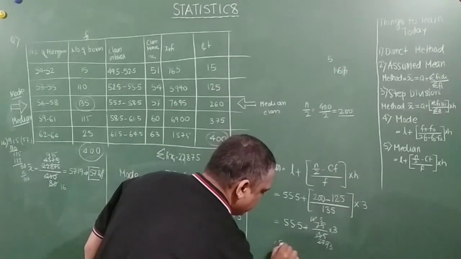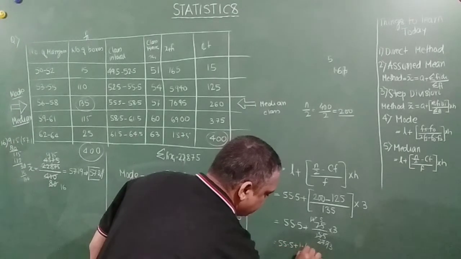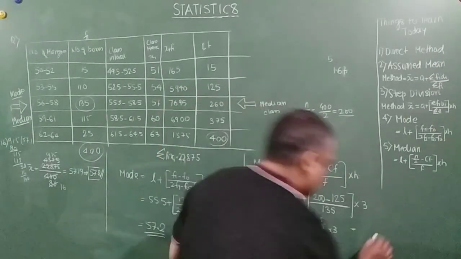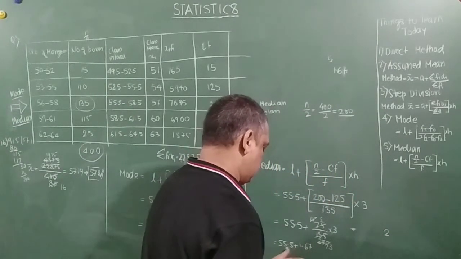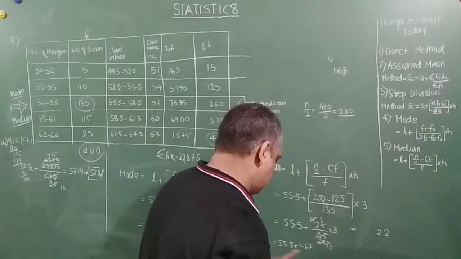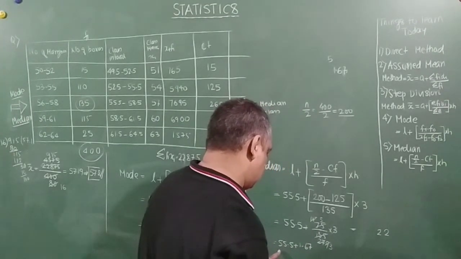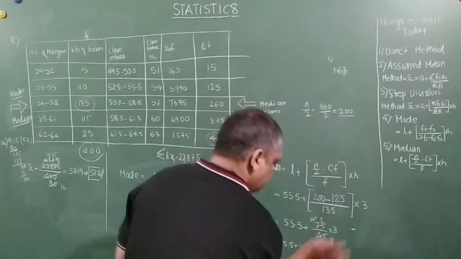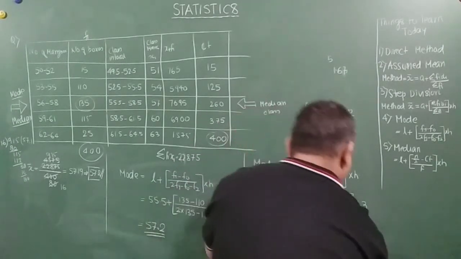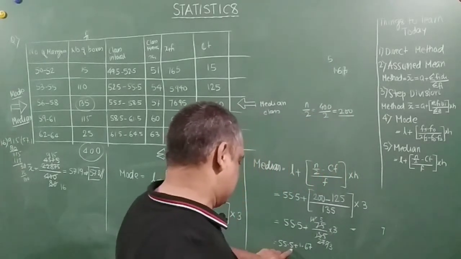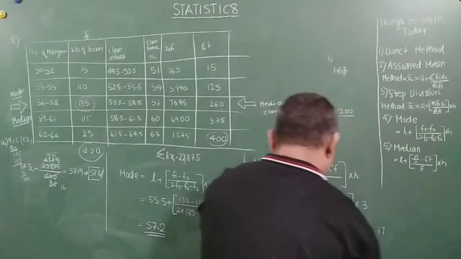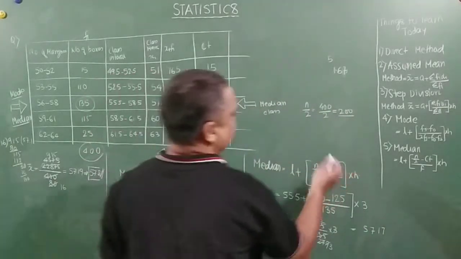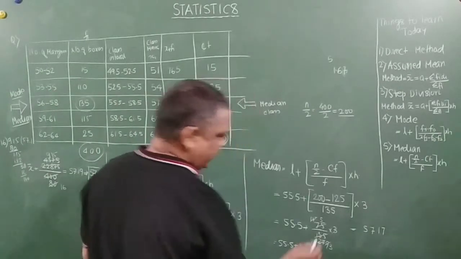So 55.5 plus 1.67. So this becomes 57.17, or we can say 57.2. So median is also 57.2.